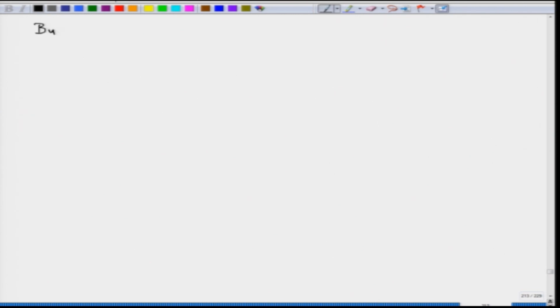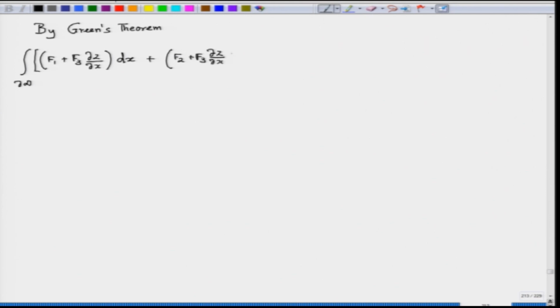By Green's theorem, the integral over del D of f1 plus f3 del z del x, which is P, dx plus f2 plus f3 del z del y, dy.